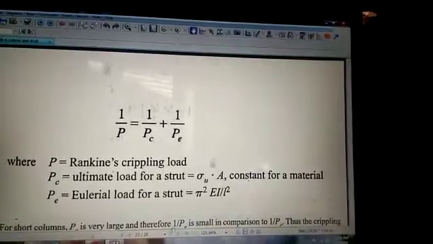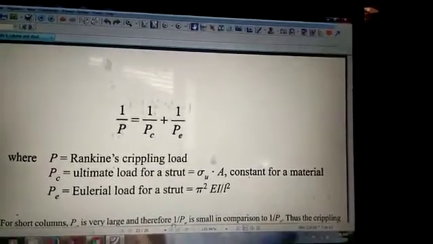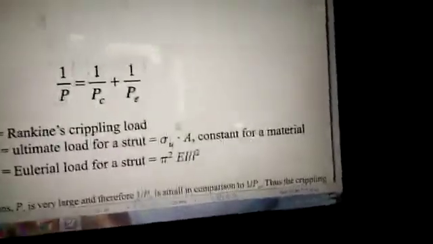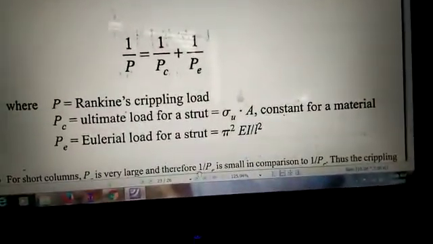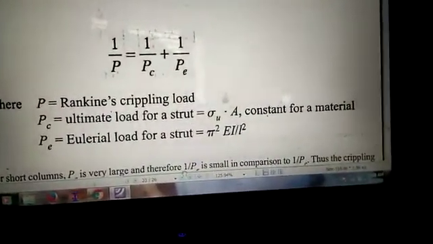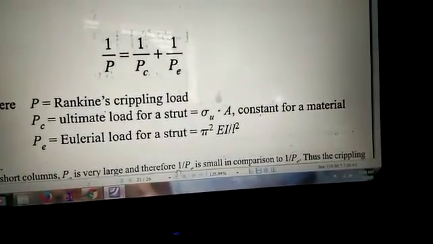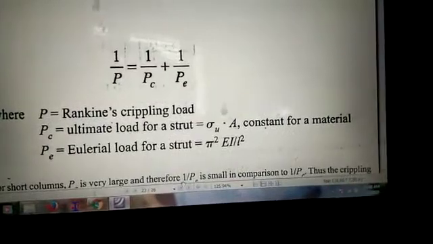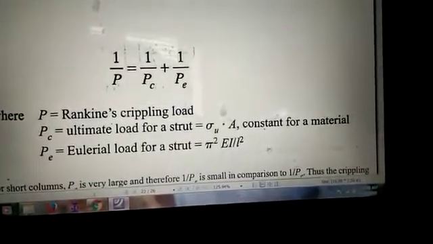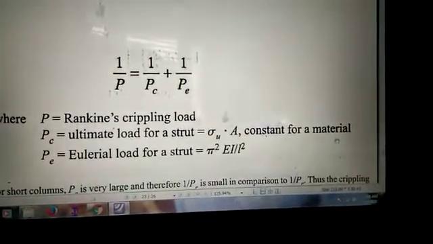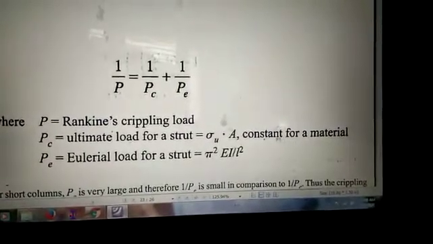It is pi square EI by L square, and the ultimate load is sigma u, that is the ultimate stress, multiplied by the area. As we know that stress is equal to load upon area, so ultimate load is equal to ultimate stress multiplied by area, and this is constant for a material. It does not vary for the same material.